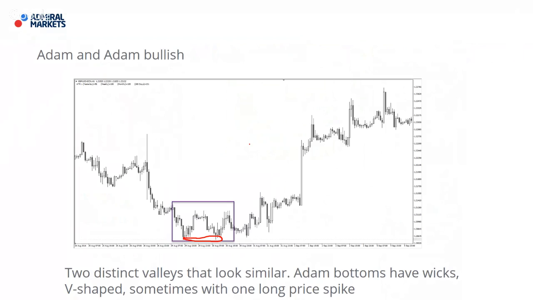And that is very important, guys, because if you go to the left on your chart and find historical buyers from the same spot where Adam and Adam wicks appeared, it means that the chance that the price will be rejected from this zone is high.